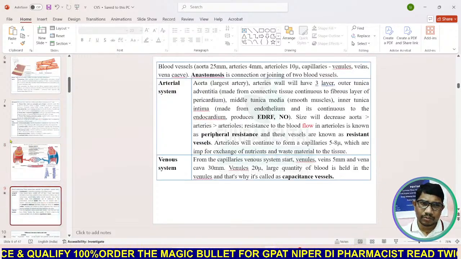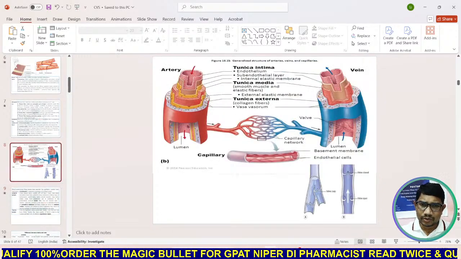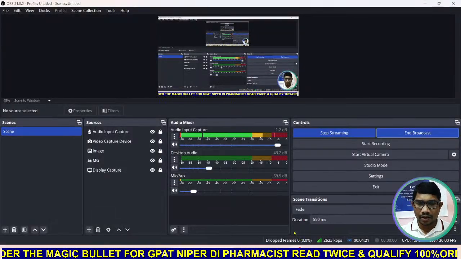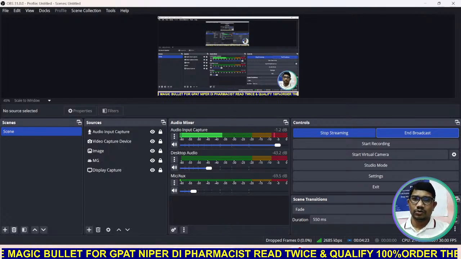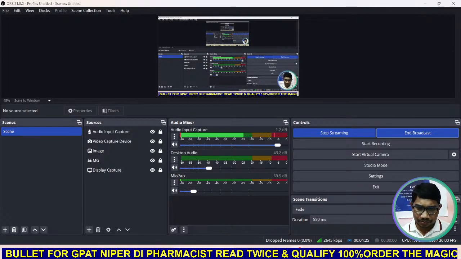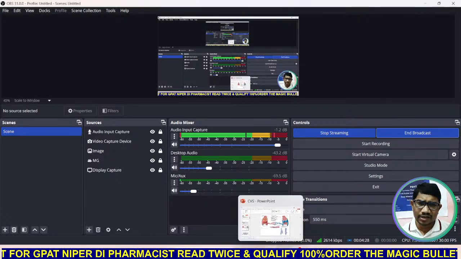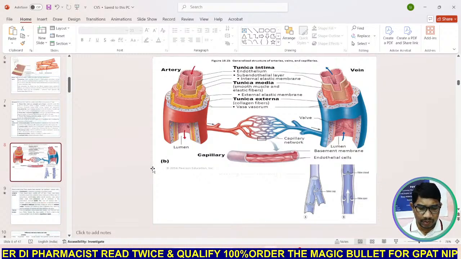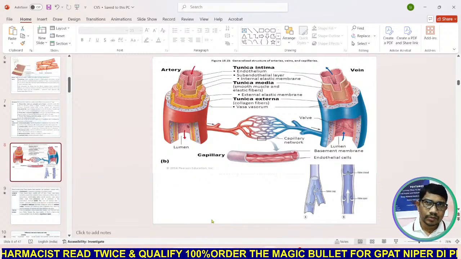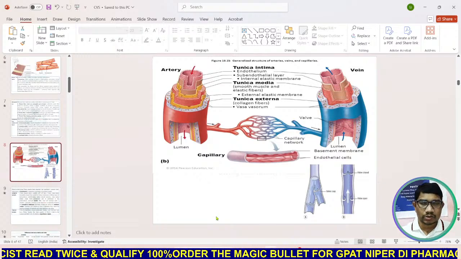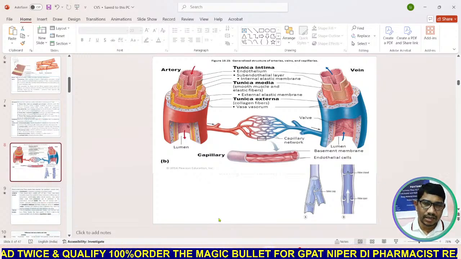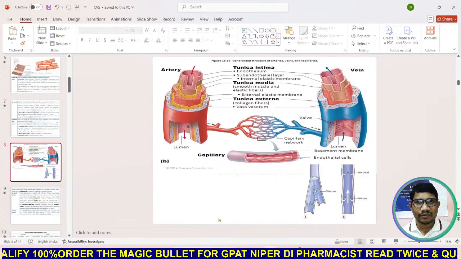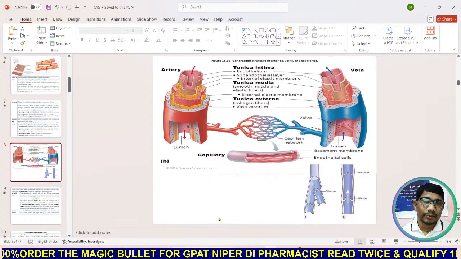Blood vessels are of two types. First one is artery and second one is vein. Arteries and veins differ in their structure and in their function, we have seen that. An artery becomes smaller to form arterioles, arterioles become smaller to form capillaries, and this arterial capillary will unite with the venular capillary.